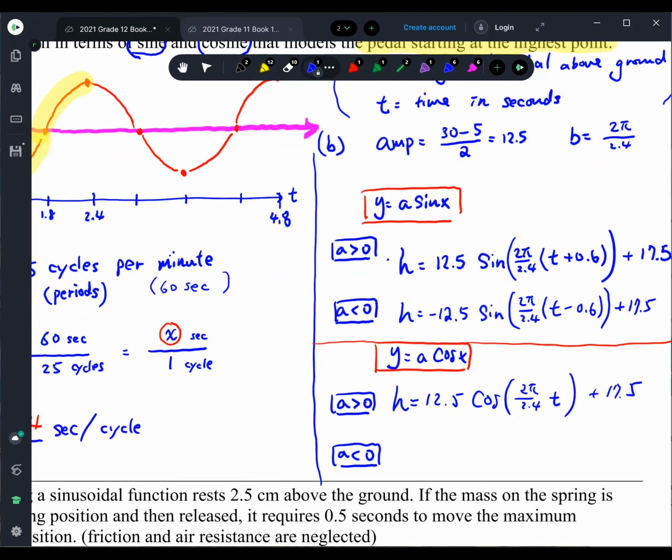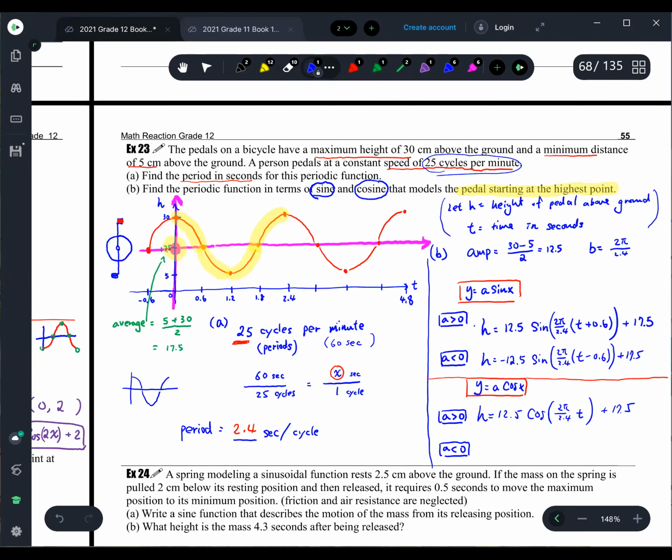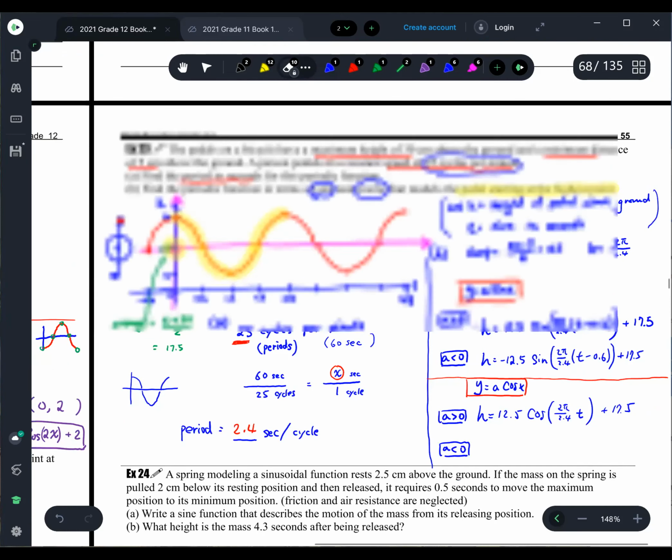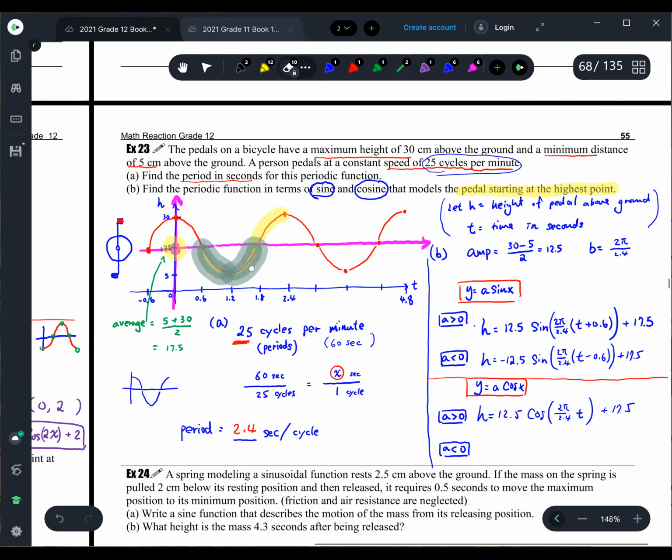Okay, last part is we want to have cosine with a reflection. Cosine with a reflection, where should we put it?